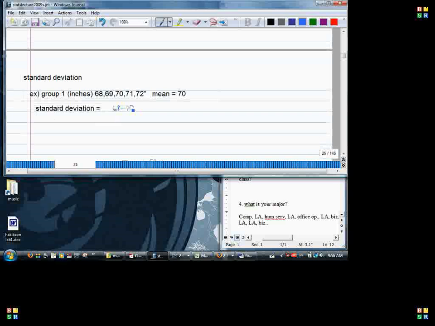I take the first data value, which is 68, and I subtract 70. Then I square it. I do this for every data value.